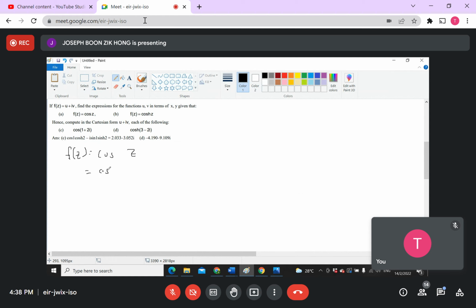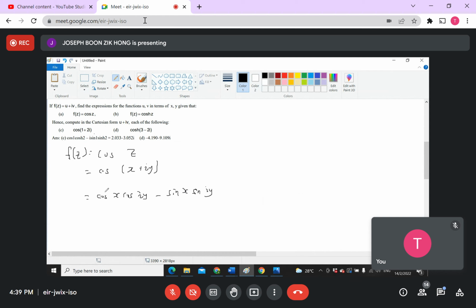Cos z is cos of x plus iy. If you expand it, it will be cos a cos b minus sin a sin b. So this is the expansion.